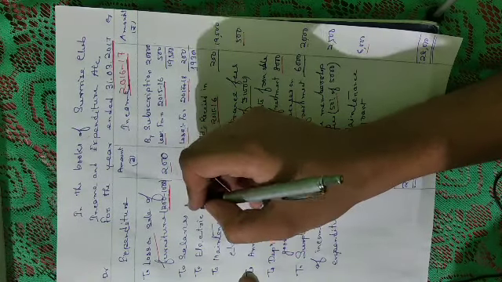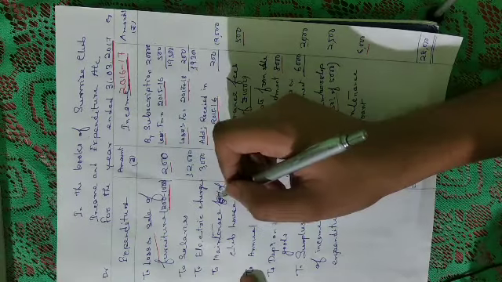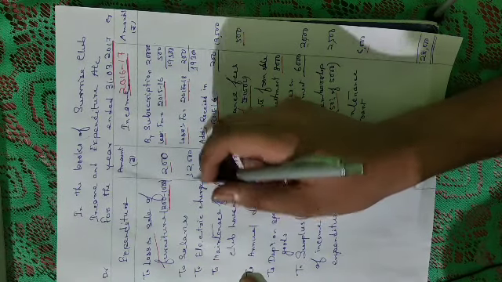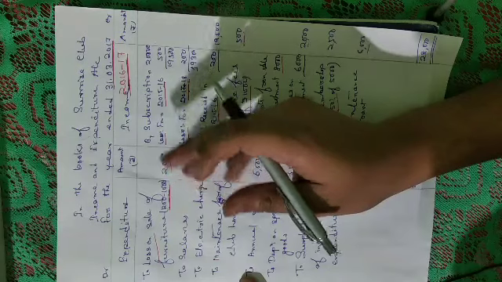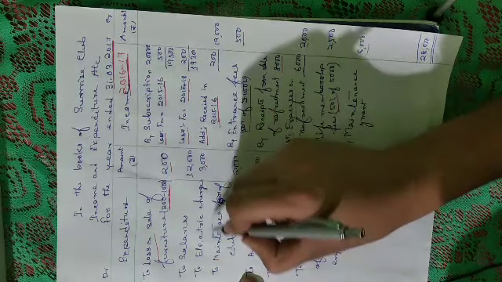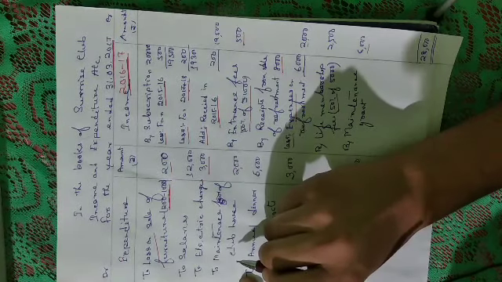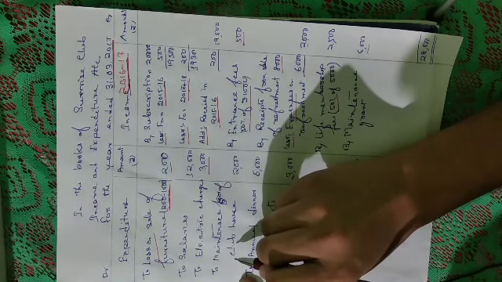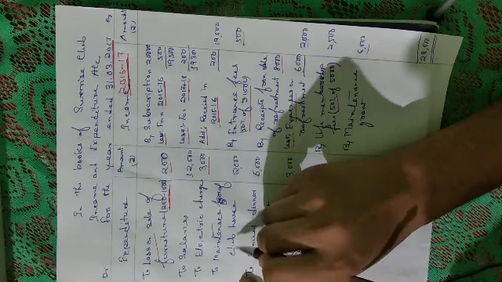Next, payment side, salaries. Expenses on refreshment are already adjusted. Next, electricity charge, rupees 3000. Next is sports goods purchase, it is capital in nature.